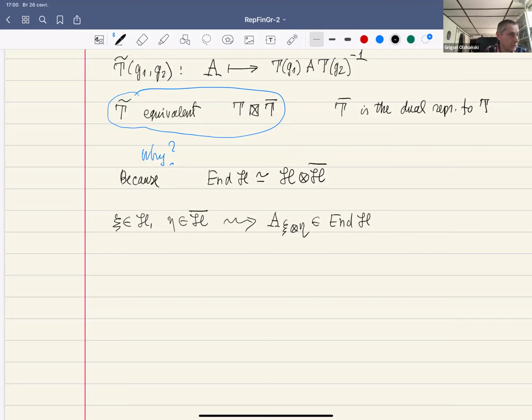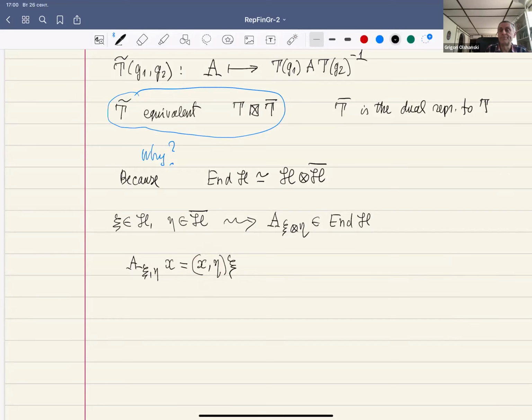And the definition is as follows. I want to define the action of this operator on a vector. If I apply it to some vector x, the result is as follows. We take the scalar product with eta and multiply by xi. So this is a scalar, and this is a vector.